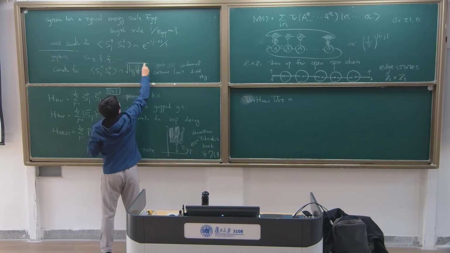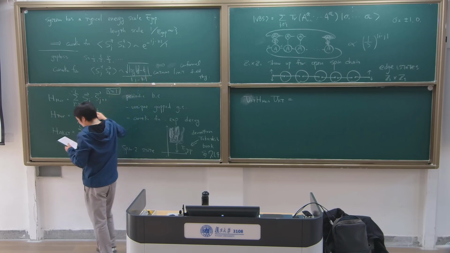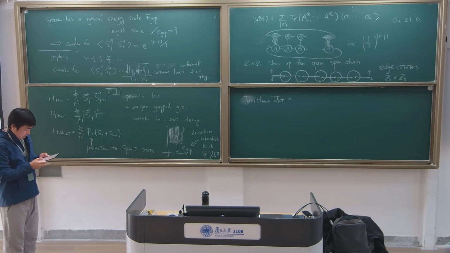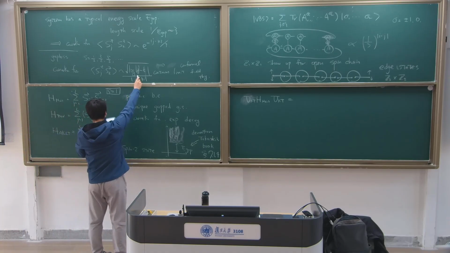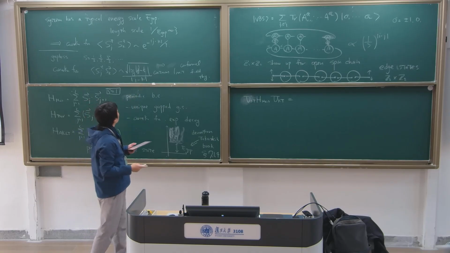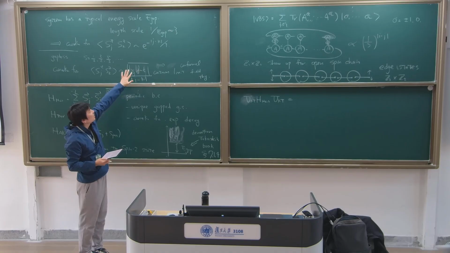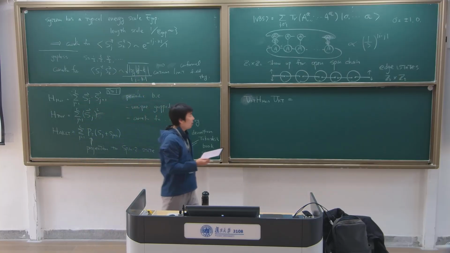So in the case of spin one, it becomes like this way, according to Haldane. This was derived by Haldane. But by the Kennedy-Tasaki transformation, there's no energy scale up here, and it just becomes gapless.